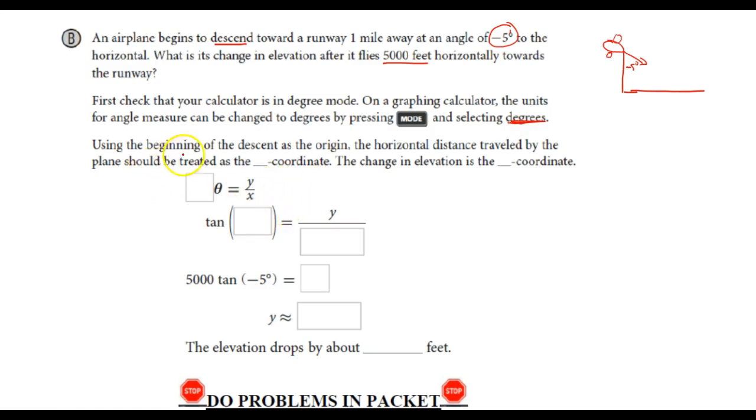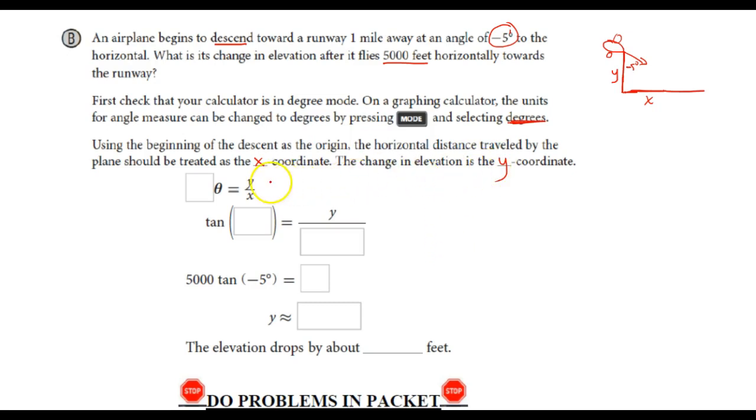Alright, so using the beginning of the descent as the origin, the horizontal distance traveled by the plane should be created as a, so if we created this, our vertical to our horizontal. So our horizontal being x and y, that would be our x coordinate and our y coordinate.